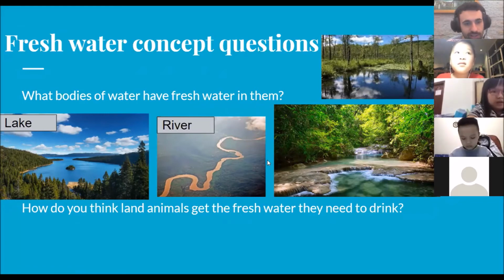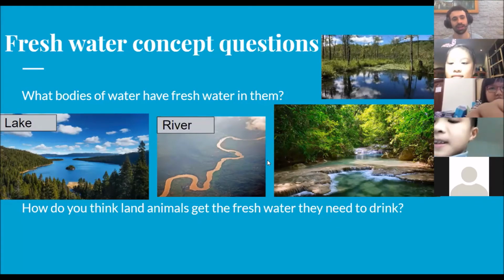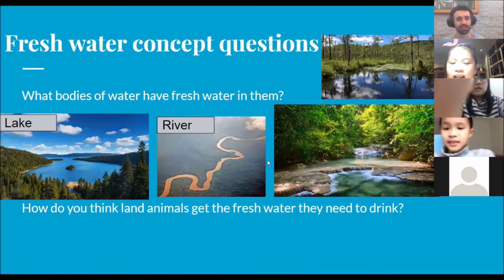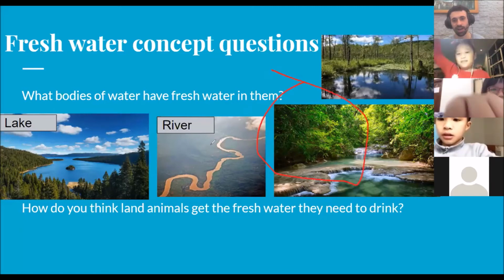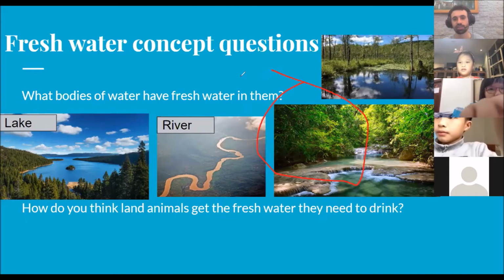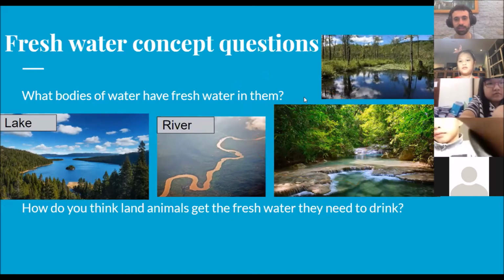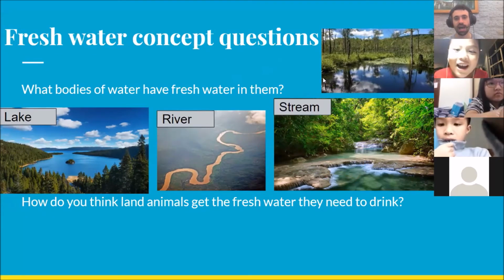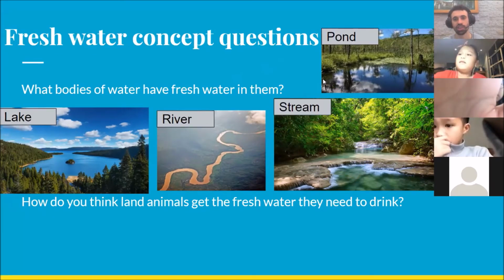No. Let's see who else knows. Sharn. Lakes. It is not a lake. This is a tricky one, I guess. Keon got it. Philip got it. It's a stream. They're saying streams. I just thought it was a cool looking picture, but I know it looks more like a pond. But it's a stream. And the last one has to be the pond.